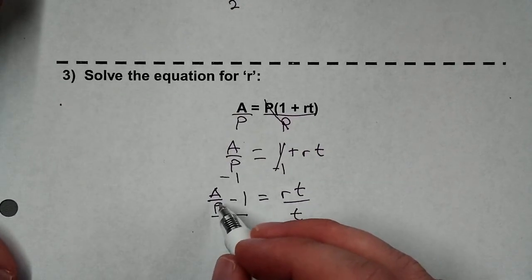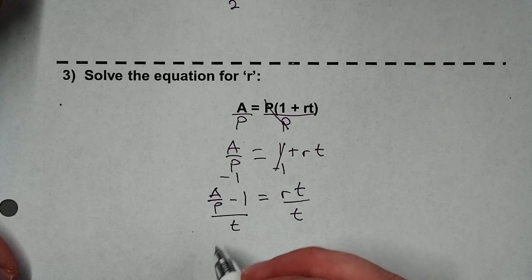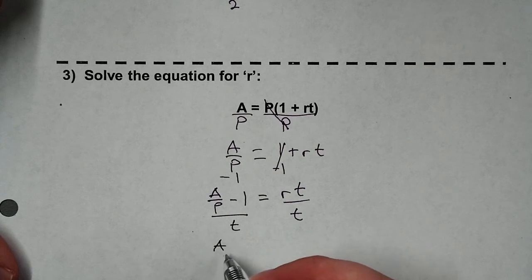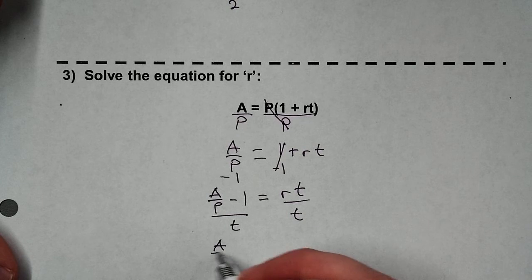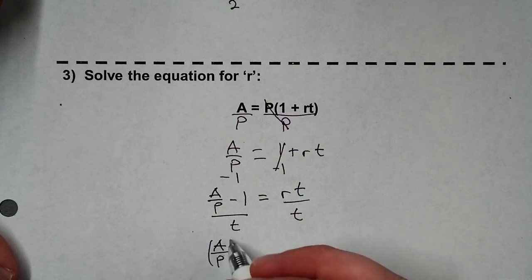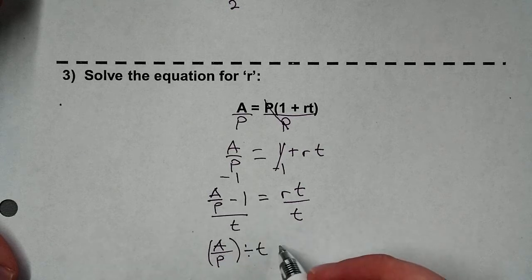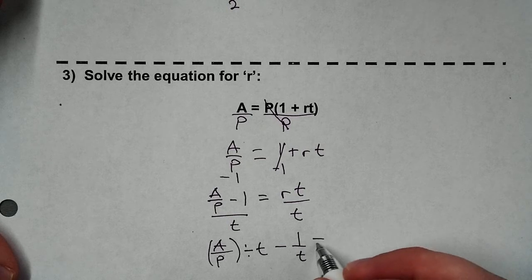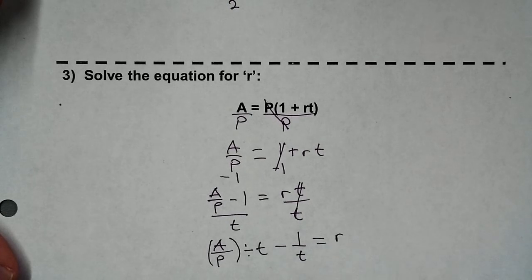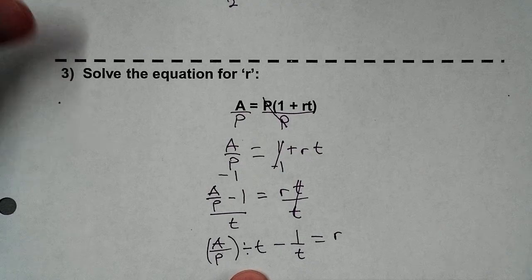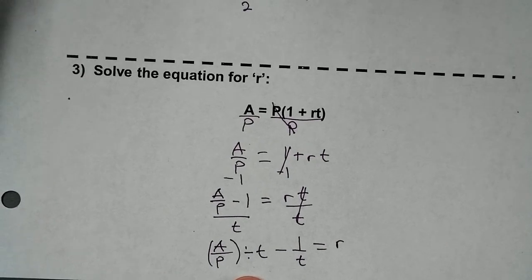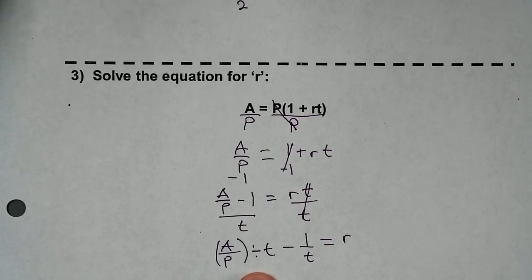Well, when I do A divided by p divided by t, you're going to get A divided by p, and let's put that in parentheses and divide that by t, minus 1 divided by t equals R. This is just how I would write it. There's a few different ways you could write it, but I didn't want to have a divide sign over a divide sign where you get a fraction over a fraction.